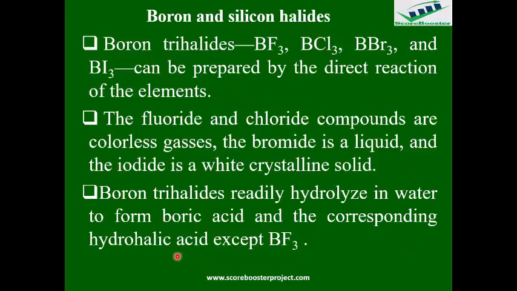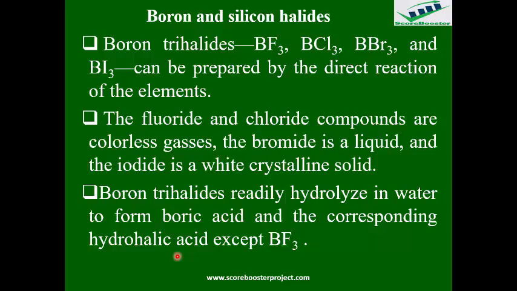Let's go to some compounds of boron and silicon. We talk about two major compounds, the halides and the oxides. So for the halides, boron can react directly with fluorine, chlorine, bromine, or iodine. In short, elements of the halogen group. The fluoride and chloride compounds are always colourless gases.